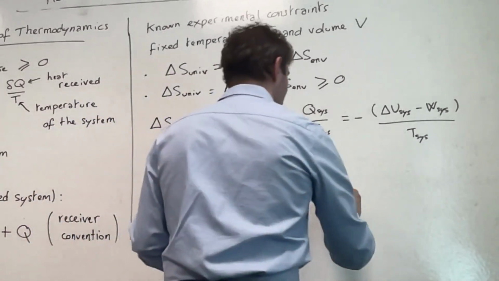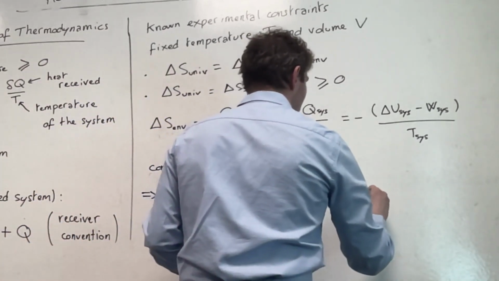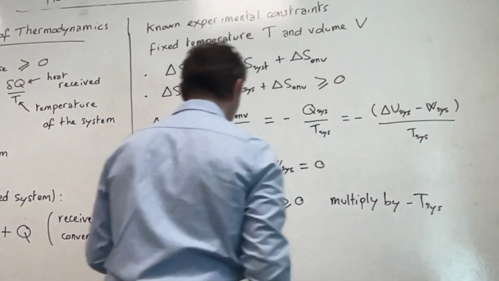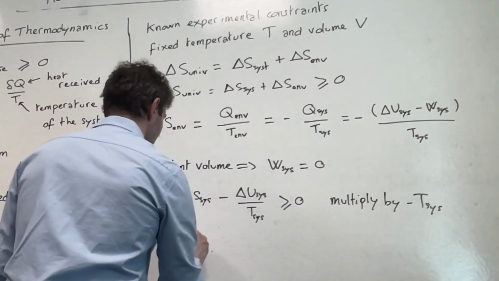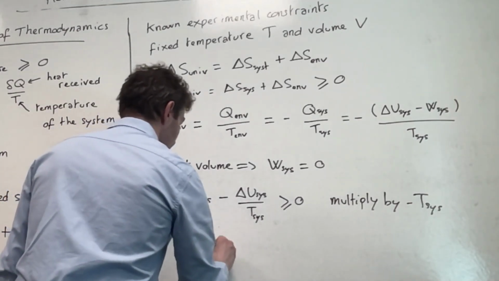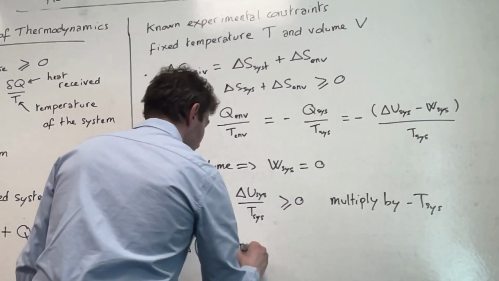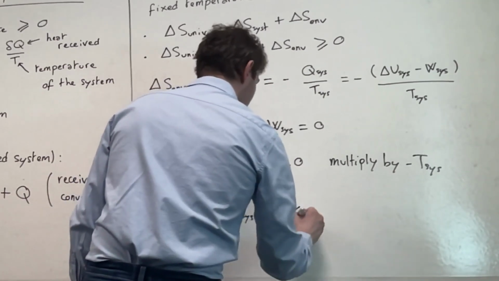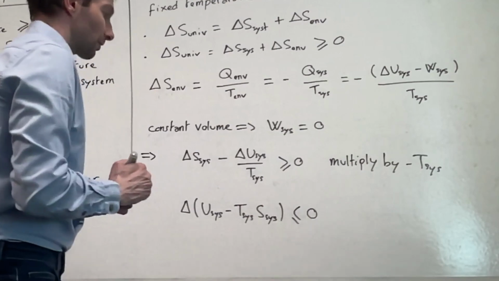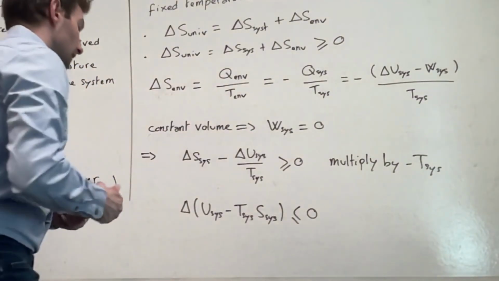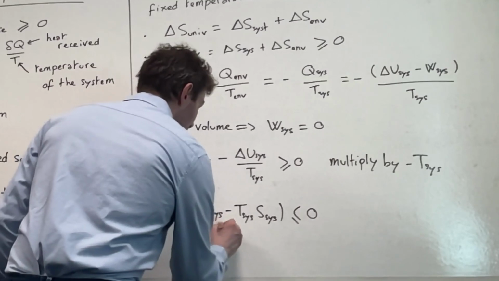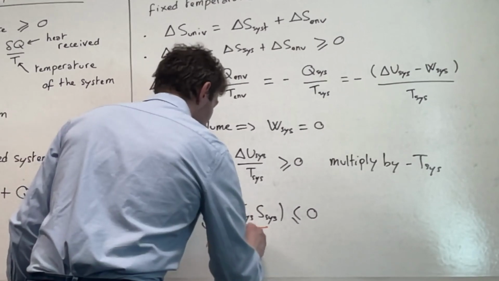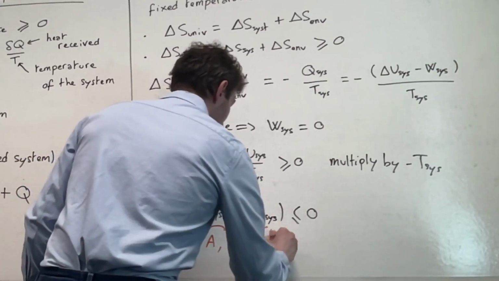Now what I do is I multiply the whole thing by minus T system, and I end up with basically that I need to look at delta of U of the system minus T system S of the system, and this being less than or equal to zero. So this quantity here is what we call A, and that's the Helmholtz free energy.